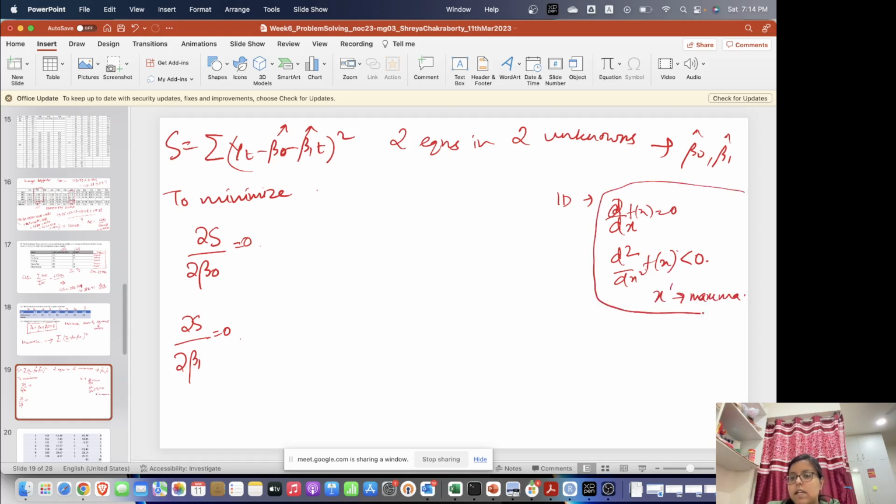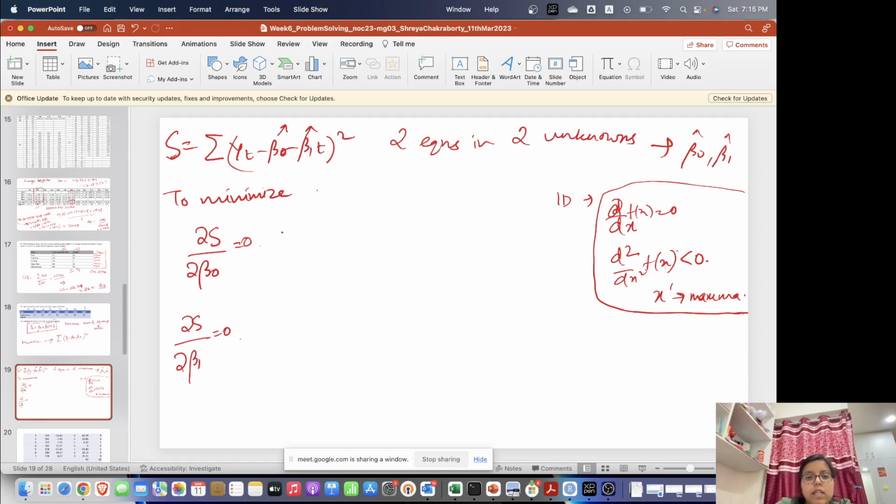Similar extensions exist for two unknown variables. Without going into too much detail, we are going to take this sum of squares, take partial derivatives in terms of beta naught and beta 1, equate them to 0, and get the values of beta 1 and beta naught.